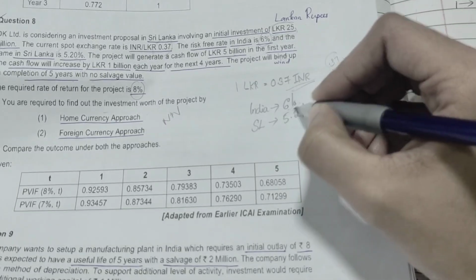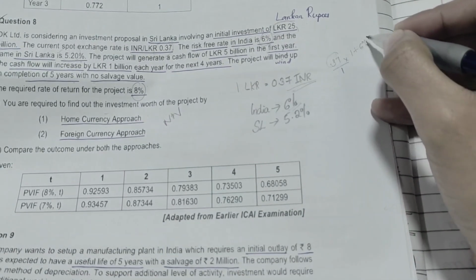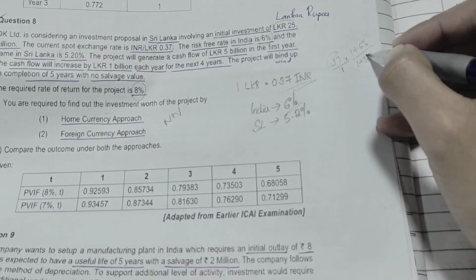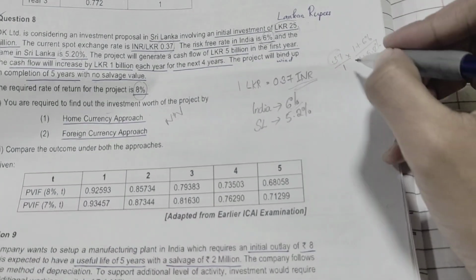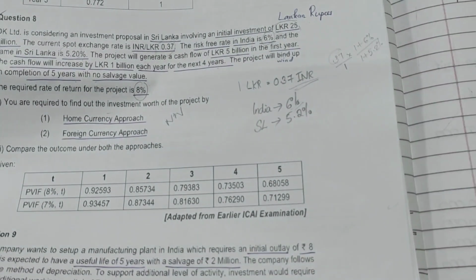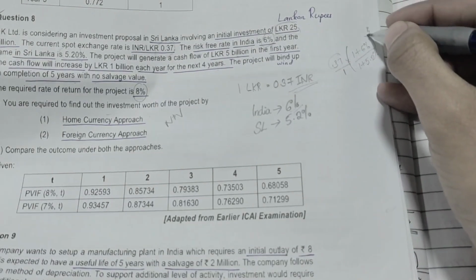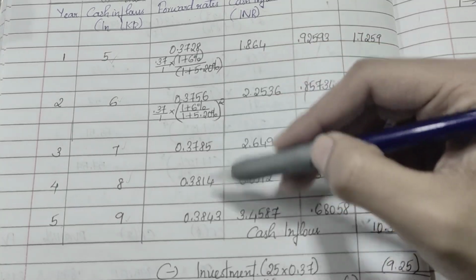So ഇന്ത്യയിലെ റിസ്ക് ഫ്രീ റേറ്റ് ആയിട്ട് മൾട്ടിപ്ലൈ ചെയ്യണം. 1+6% divided by 1+ ശ്രീലങ്കയിലെ rate 5.2%. So this is first year. Second year ആകുമ്പോൾ you have to square this. Third year whole raised to 3. So അങ്ങനെ forward rates compute ചെയ്യാം.